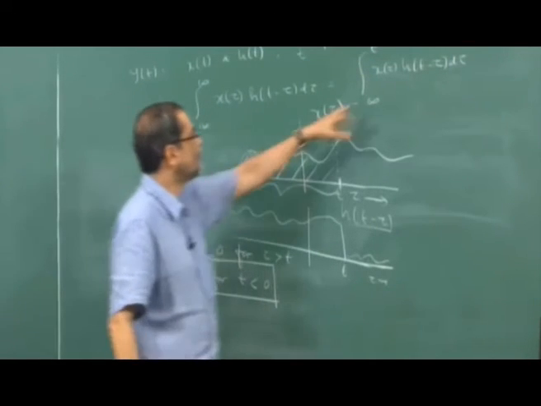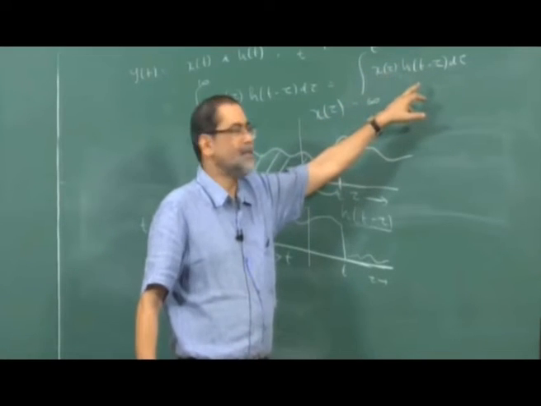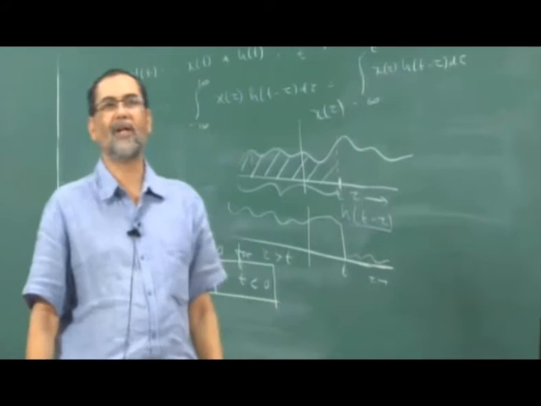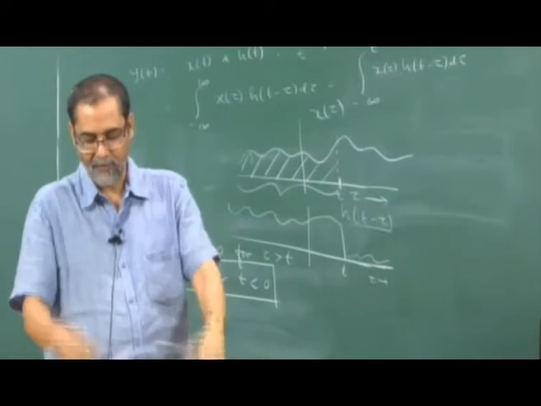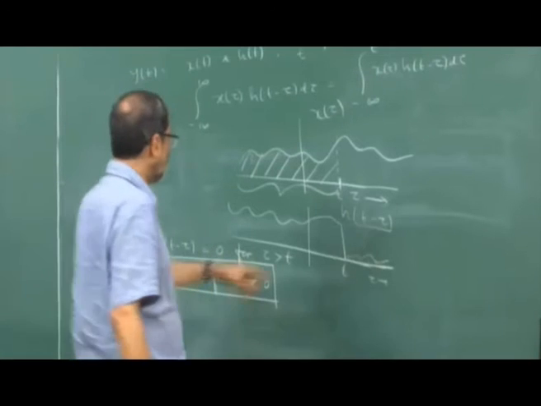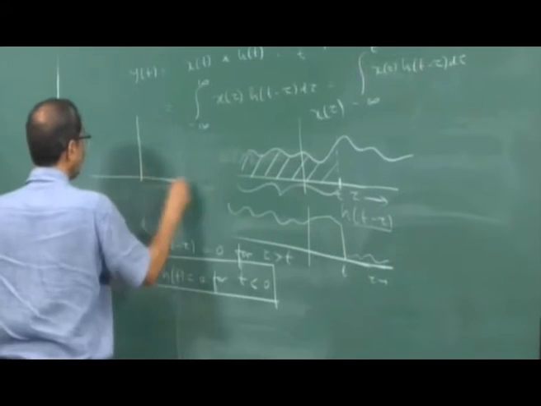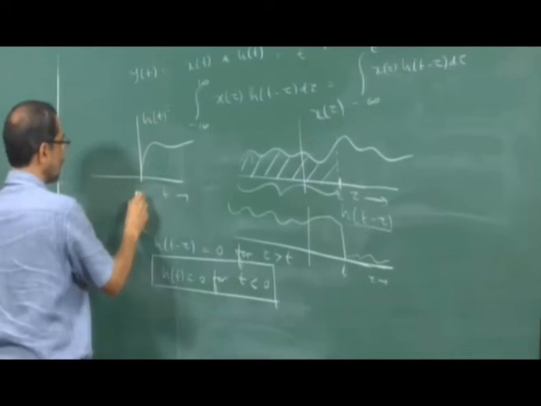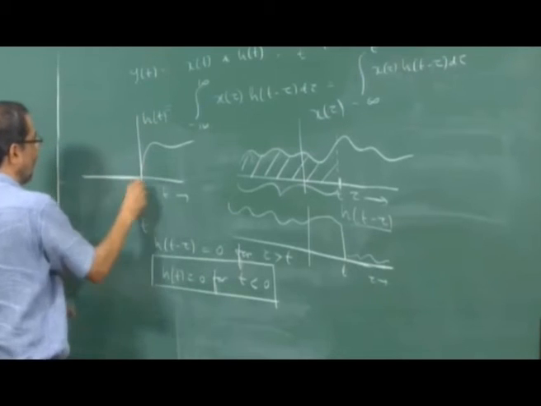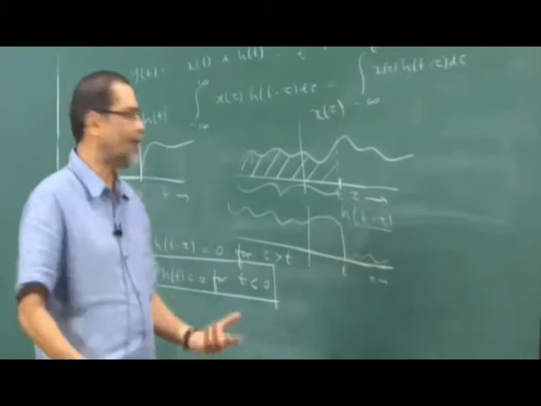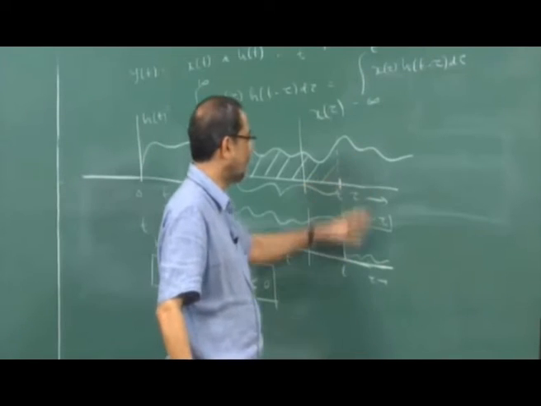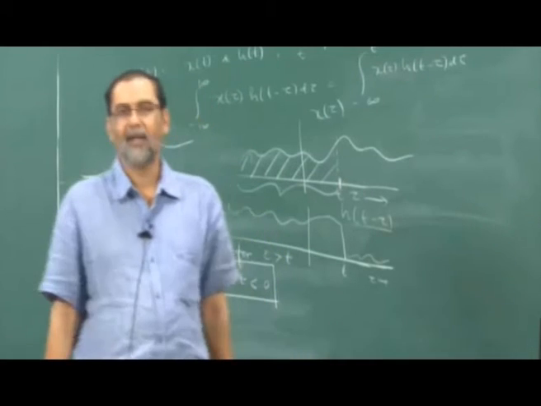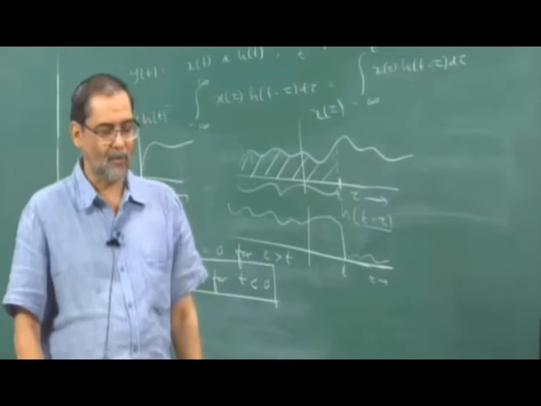So this means h is 0 for negative values of t. On this side, h of t is defined only for 0 and beyond, and on the left side it is equal to 0. This will ensure this property, so the upper limit of integration can only be t, and it will not violate the requirements of causality.